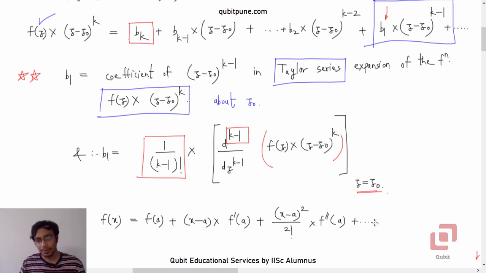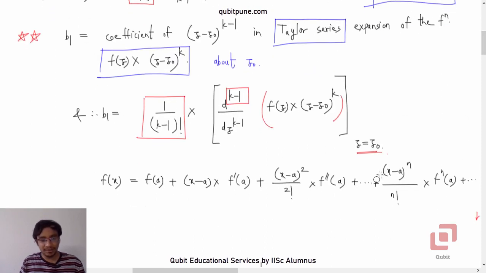If we have the nth power, then it is (x minus a) to the power n upon n factorial into the nth derivative at a. But this time we don't have the nth power, we have the (k minus 1)th power, and therefore we replace this n by k minus 1.